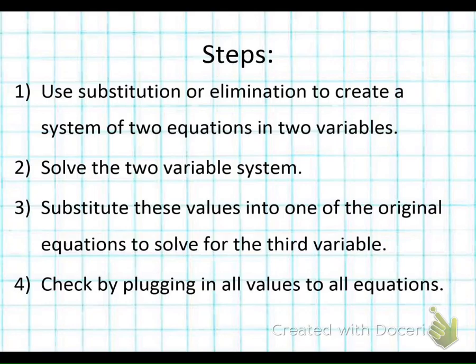Then we're going to solve that two variable system that we created and substitute those two values into one of the original equations to solve for the third variable. Just like with our systems of two equations, we will end by checking our solution, plugging in those three values into all of the equations, okay?